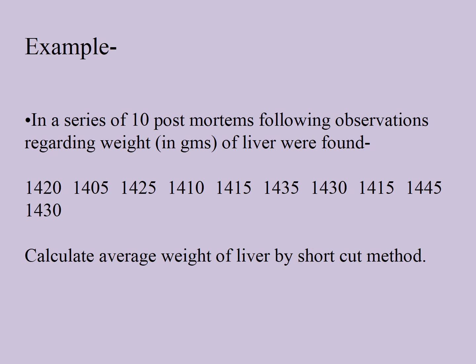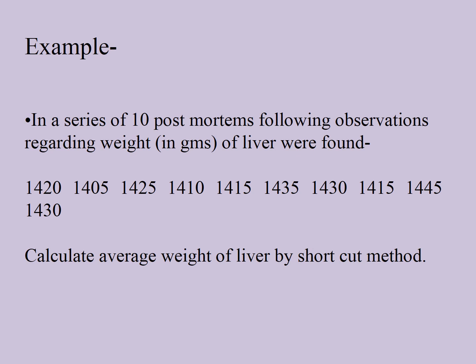So these are the 10 observations. These are as follows: 1420, 1405, 1425, 1410, 1415, 1435, 1430, 1415, 1445 and 1430. You have to calculate the average weight of a liver by the shortcut method.